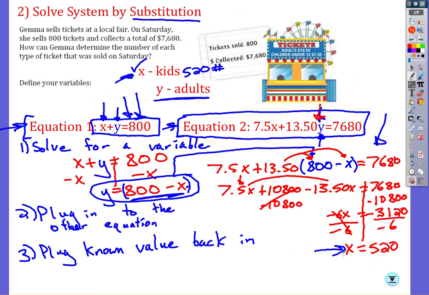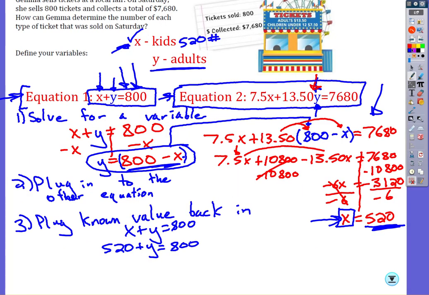So I'm just going to plug x back in to this equation. So I got x plus y equals 800, and I know what x is. It's 520. So I just plug it back in here. 520 plus y equals 800. And I just have one step left to do. I just got to subtract off 520.